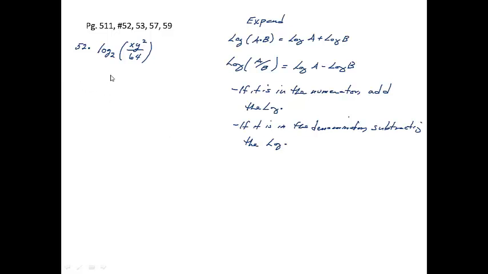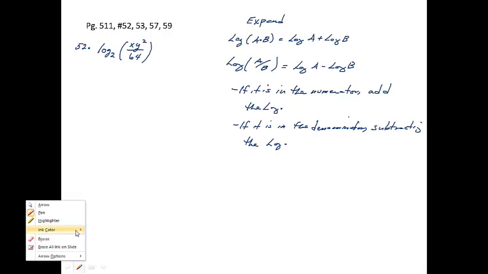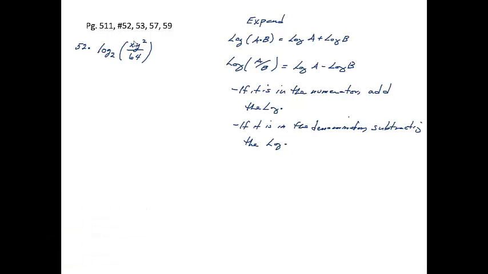Okay, so this is log base 2 of x times y squared, all divided by 64. So how many items do I have here? How many different pieces, basically? We have 1, 2, 3. Therefore, when I expand this, I should have 3 logs base 2. So I have log base 2 of x.